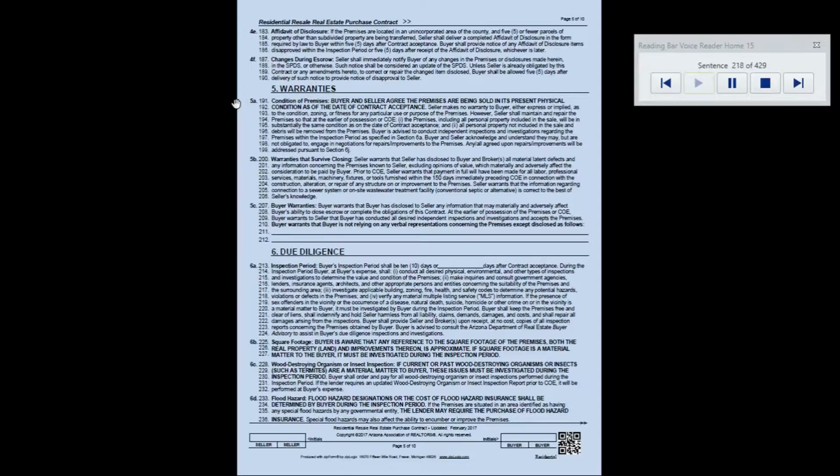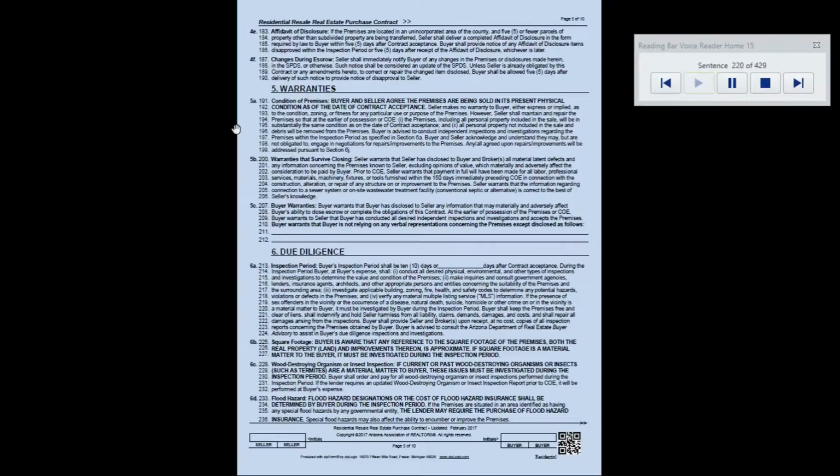However, seller shall maintain and repair the premises so that at the earlier of possession or COE, 1. The premises, including all personal property included in the sale, will be in substantially the same condition as on the date of contract acceptance. And 2. All personal property not included in the sale and debris will be removed from the premises.